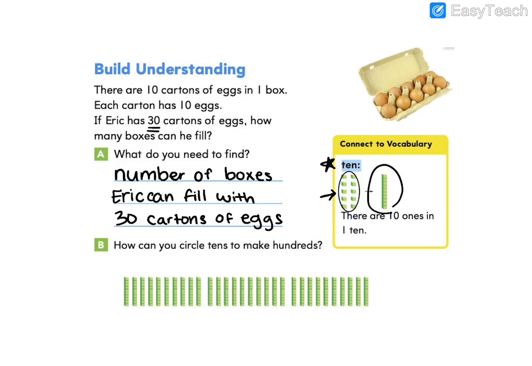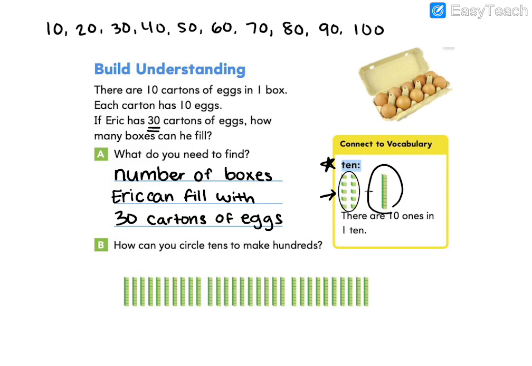We're going to circle the tens to make hundreds. First, we need to think about how many tens are in 100. 10, 20, 30, 40, 50, 60, 70, 80, 90, 100. There are 1, 2, 3, 4, 5, 6, 7, 8, 9, 10 groups of 10 in 100.